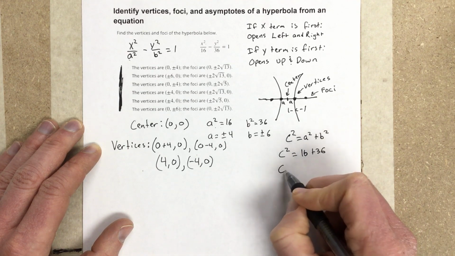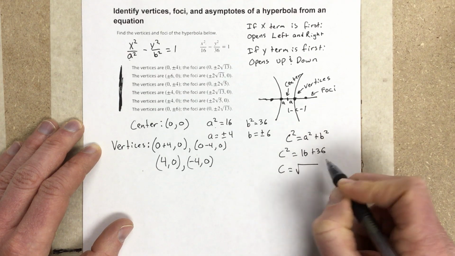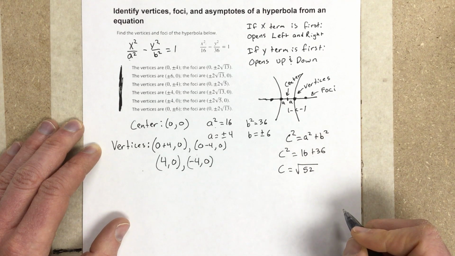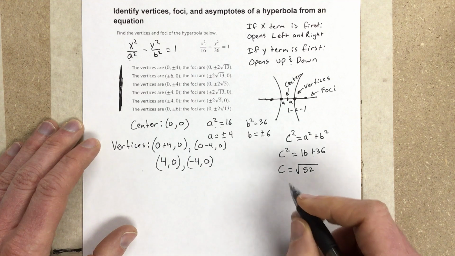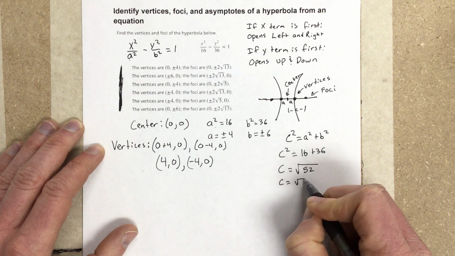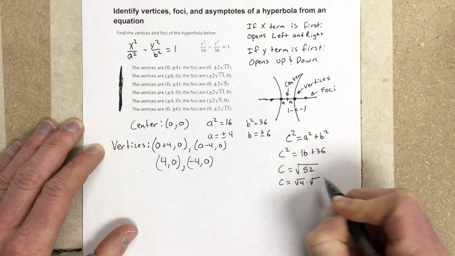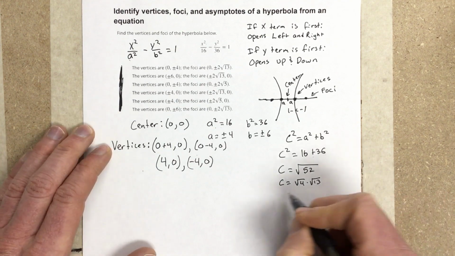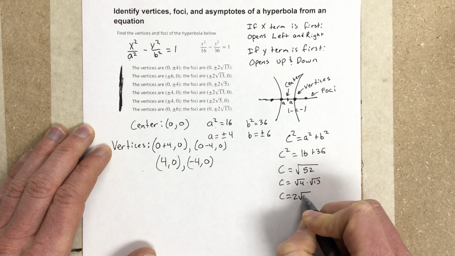So we can take the square root of that. c is equal to the square root of 52. We can write that as c equal to root 4 times root 13, so I end up with c being 2 root 13.